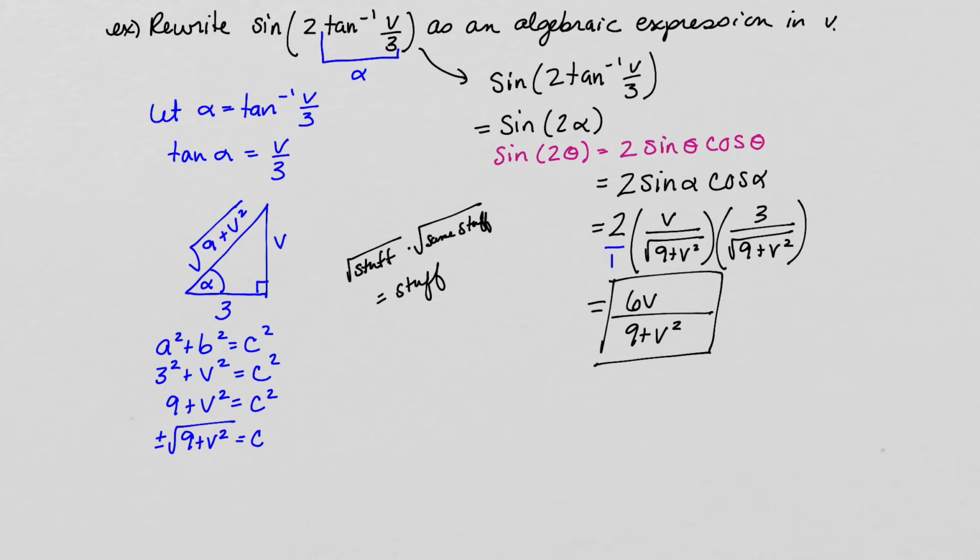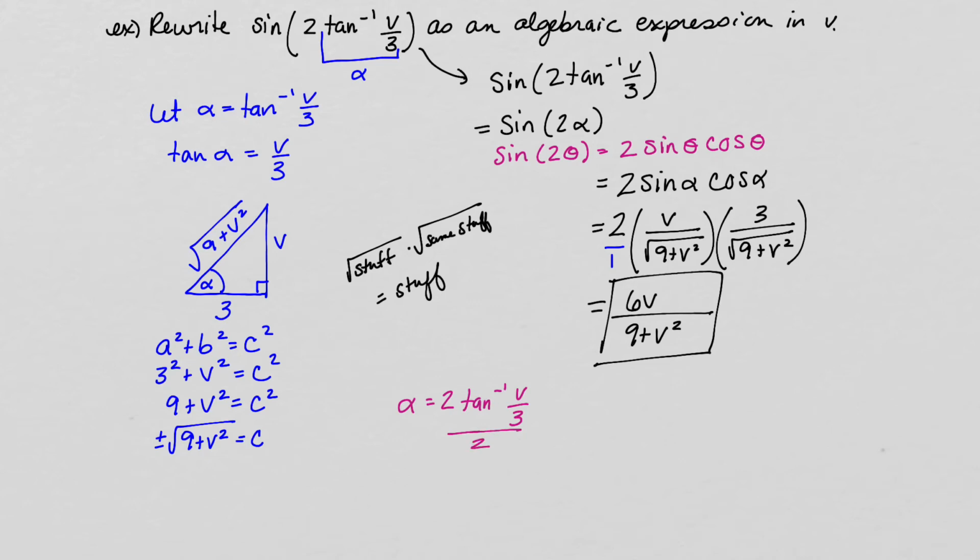Okay, the problem is if you made alpha equal to the whole entire thing, right? So like if you said let alpha be equal to 2 tangent inverse of v over 3, the problem here is before you could rewrite it, you would have to solve for the inverse tangent.